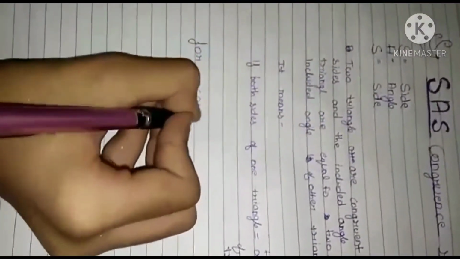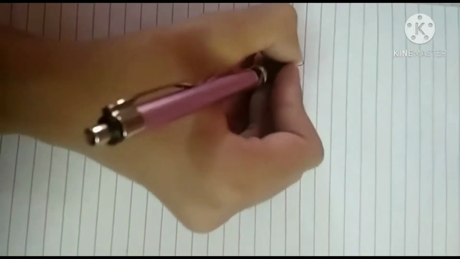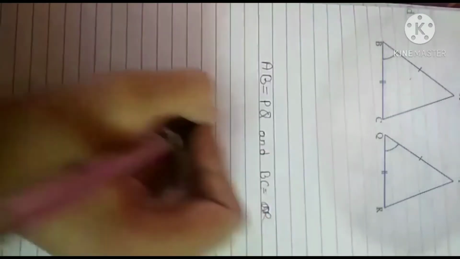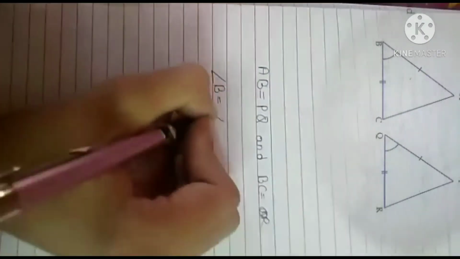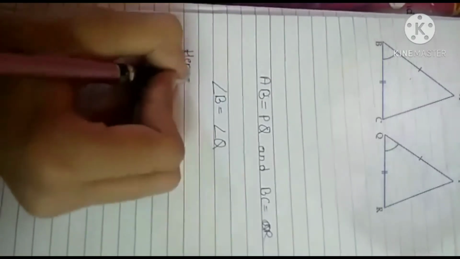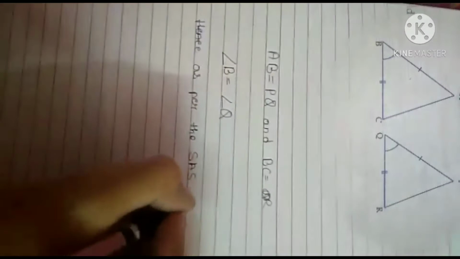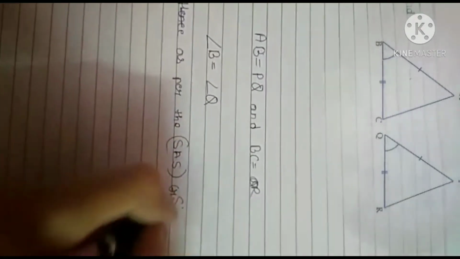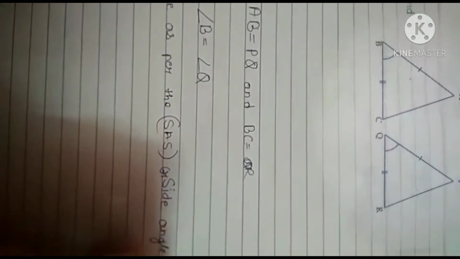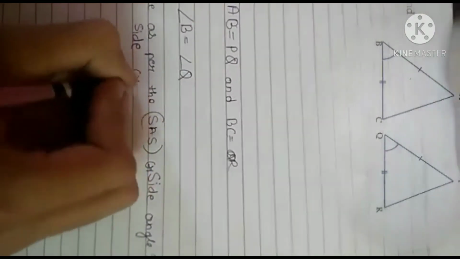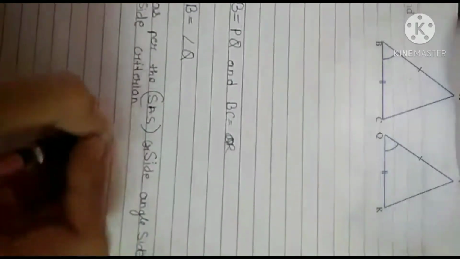For example, as in the given picture, side AB is equal to side PQ, side BC is equal to side QR, and angle B is equal to angle Q. Hence, as per the SAS (side angle side) criterion, the sides and the angle of both the triangles are equal.